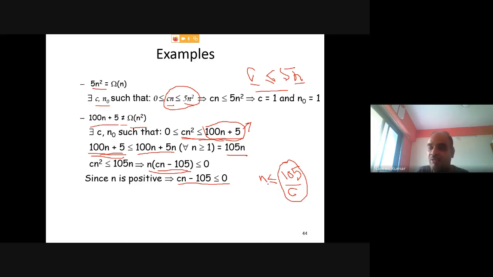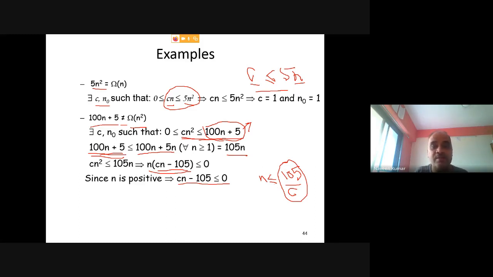So you are saying that n will be less than or equal to a constant. Is it possible? N will vary. It is the number of inputs, and we are actually looking for large n. So this variable n, the number of inputs, can't be less than a constant. A constant is fixed. It can be more than that constant, but it cannot be less than a given constant. It is a variable here.